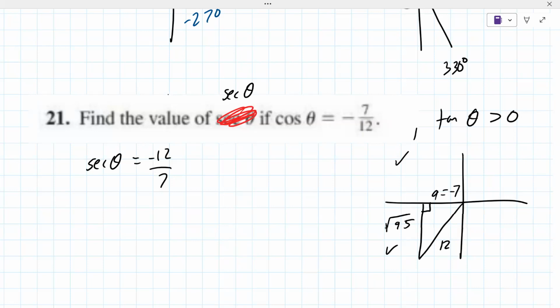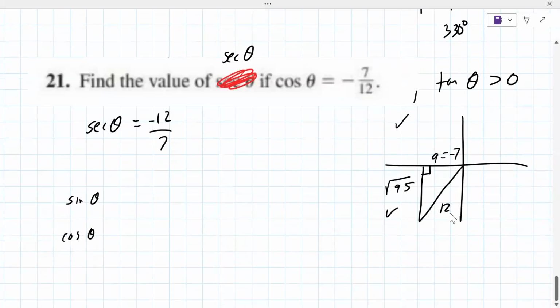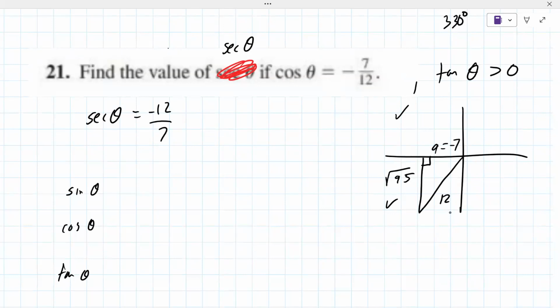So this is where, again, you might have to do sine theta, cosine theta, which you already have, tangent theta. You could be expected to find all of these. You do the ones that are easy, like minus 12 over 7, negative 7 over 12.